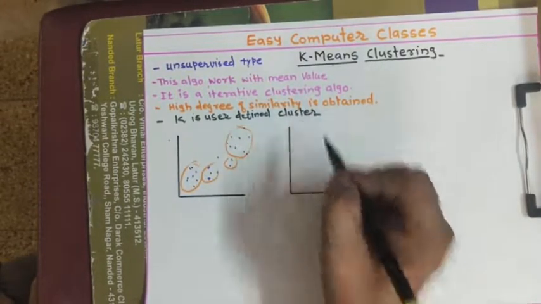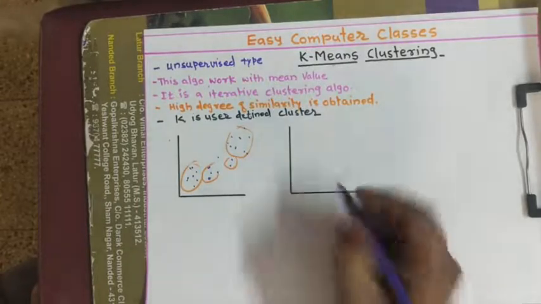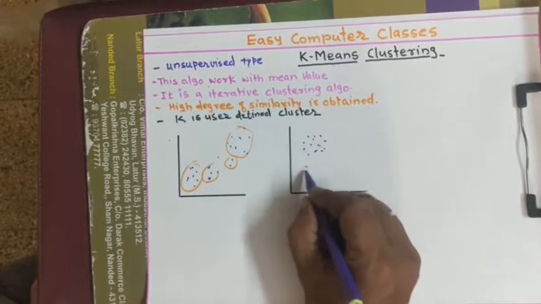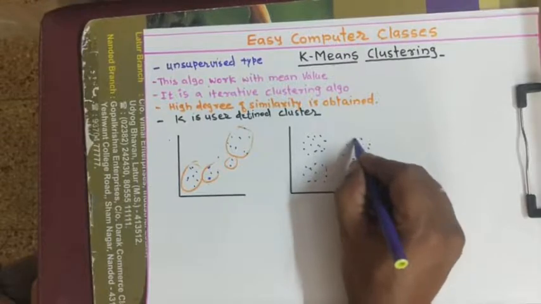It is any value given by the user, of the user's interest. Let us consider some points like this: this is one cluster, this is another cluster, and this is another cluster.